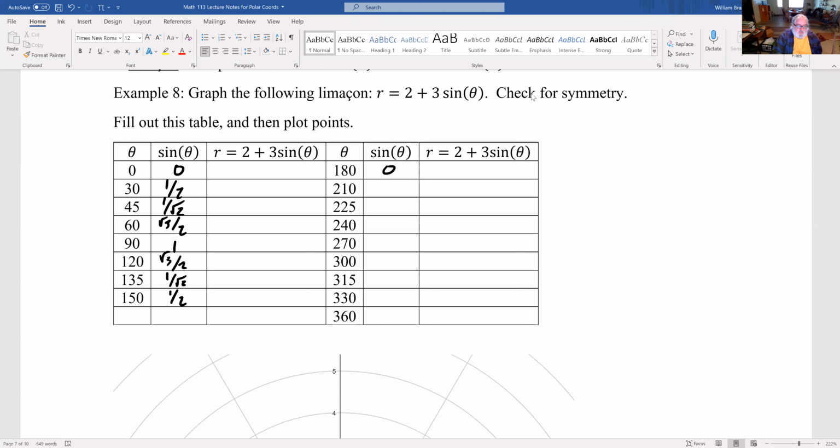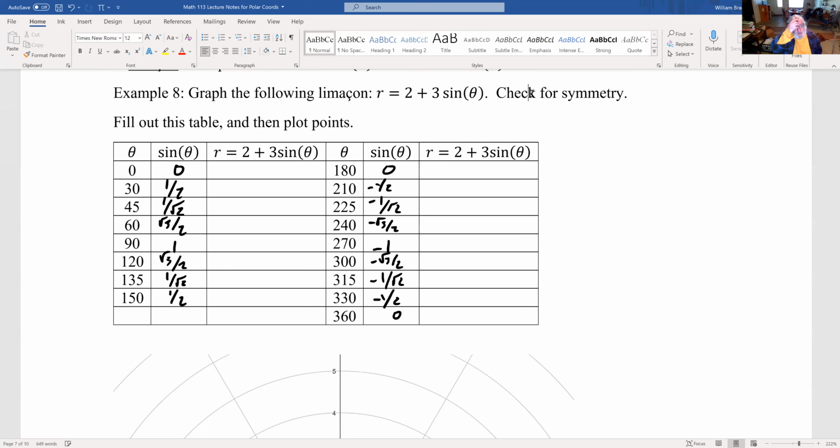And then it goes negative: minus 1/2, minus 1 over root 2, minus root 3 over 2, minus 1, and then it goes back up: minus root 3 over 2, minus 1 over root 2, minus 1/2, 0.